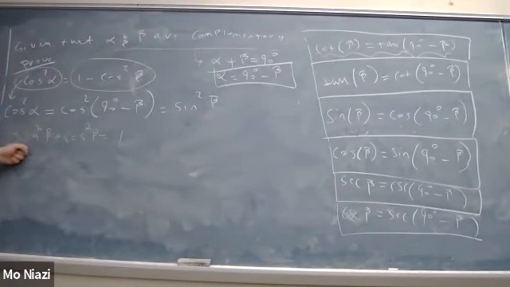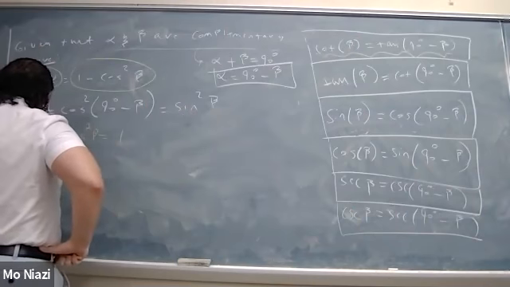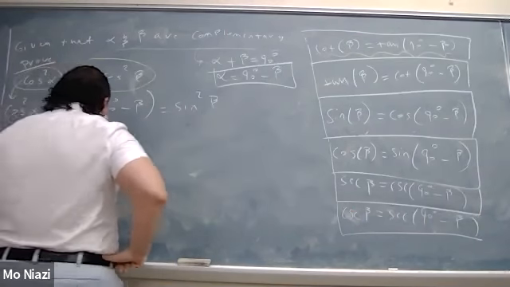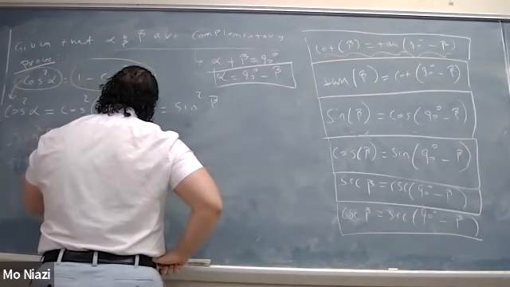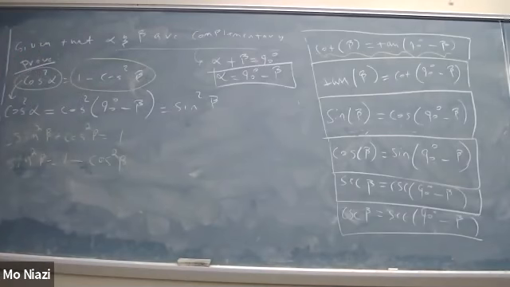But I want to solve for it alone. So I'm going to take this cosine squared beta to the other side. So I get sine squared beta is equal to 1 minus cosine squared beta. Right? It's the same thing, right? So let's replace it.